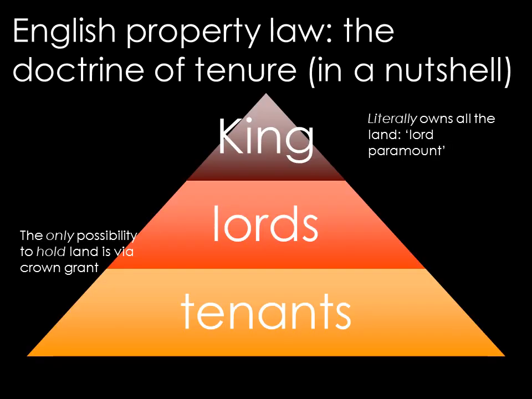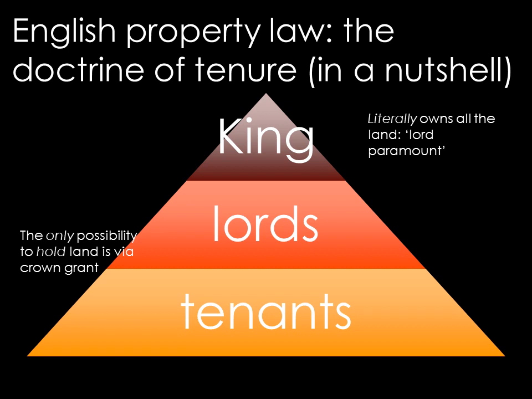English property law was underpinned by the doctrine of tenure, and the doctrine of tenure, which continues to apply, was established in feudal times, and it is not only a system of ownership of land, it's a political system, it's a system of relationships, it's a social ordering, it does a whole lot of things.